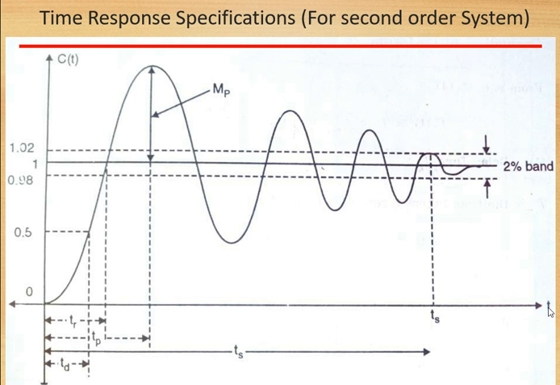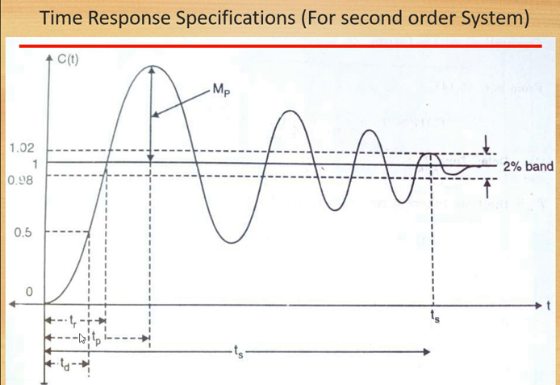This is the time axis, which is the x-axis, since it is a time domain specification, and this is the y-axis, that is c(t). So simply by looking at this diagram, our conclusion is that this is the output's response in the time domain.